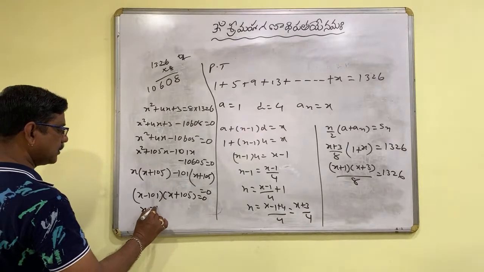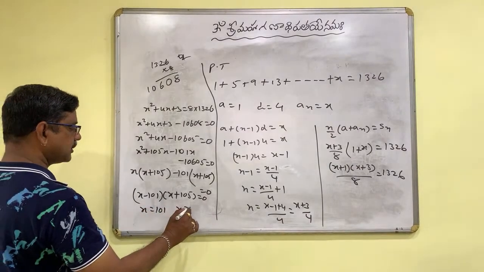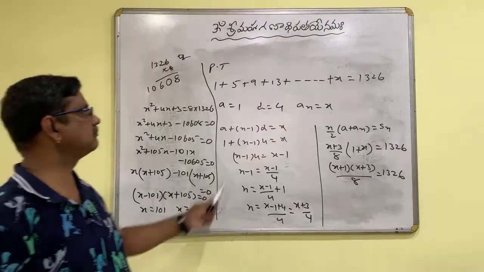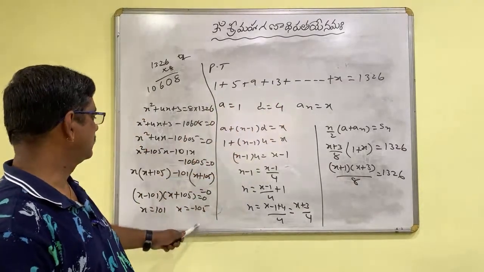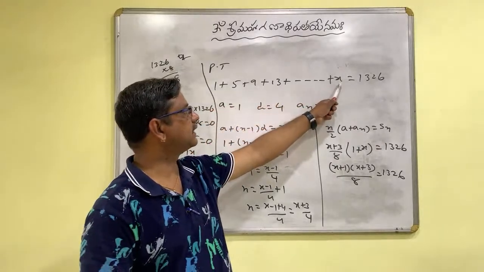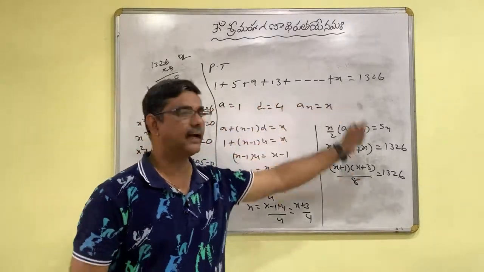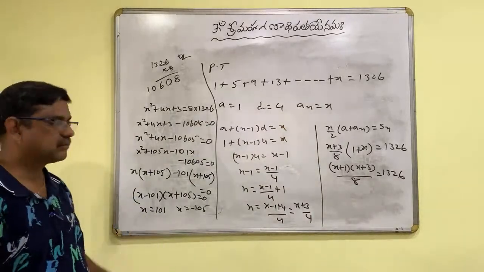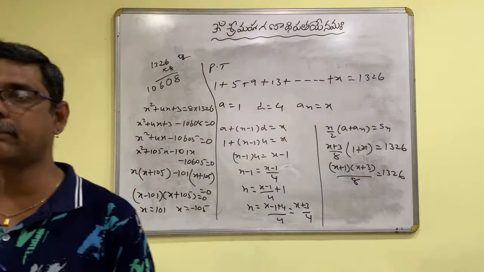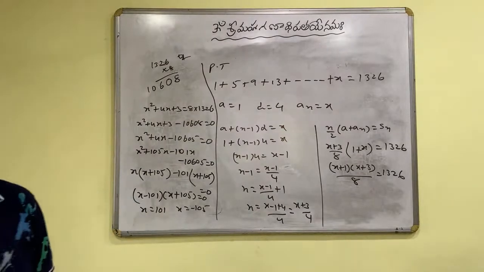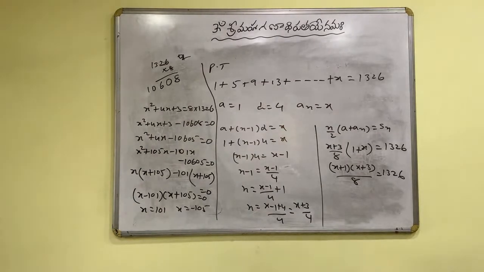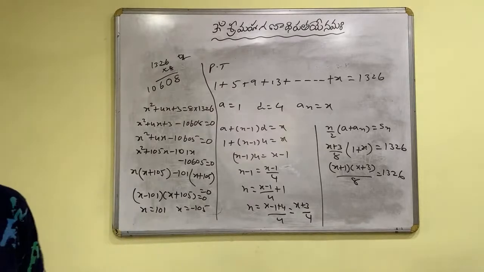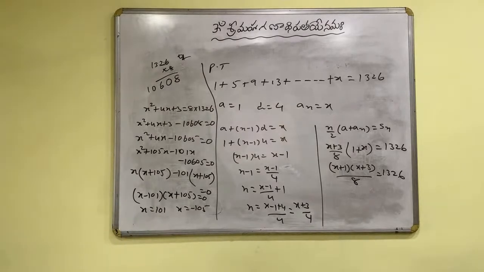That means x can be 101 or x can be negative 105. But it cannot be negative. The last term cannot be negative because this is a positive AP. So x is 101 only. It will not be negative 105.